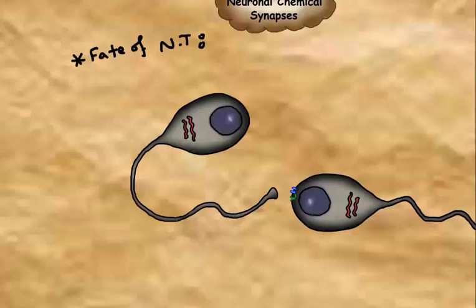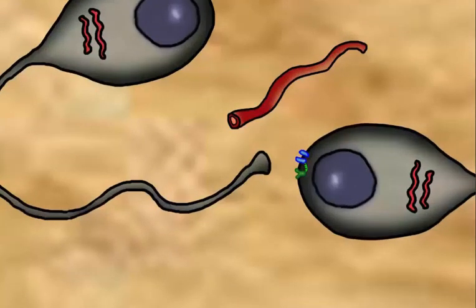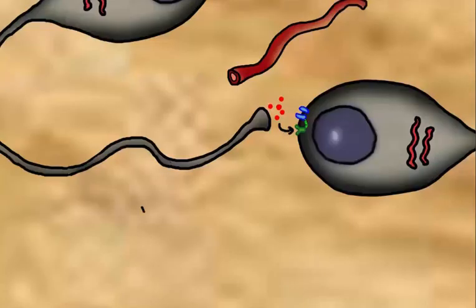Now that the neurotransmitters are released from the presynaptic neuronal cell, what would be the fate of these chemicals? There are four ways in which neurotransmitters could go. First off, they could bind to receptors found on the surface of the postsynaptic neuronal cell.